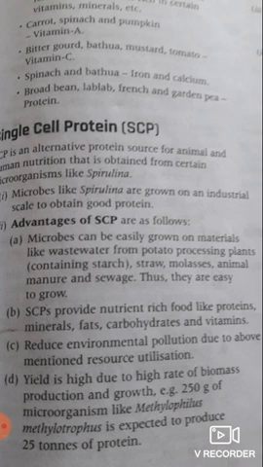And the last one is high yield, generally due to a high rate of biomass production and growth, so a large amount of protein is produced. That's why we can always use it.